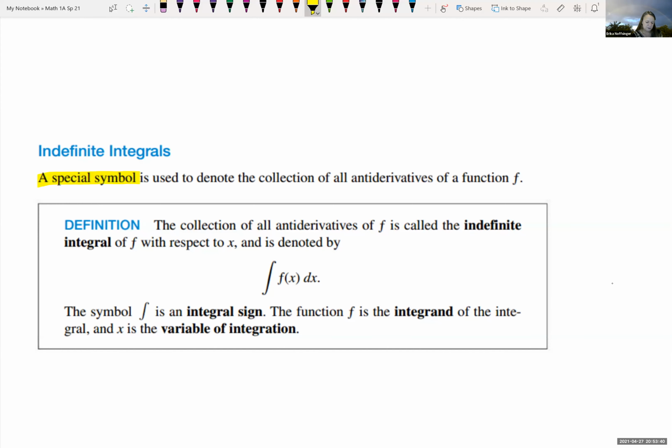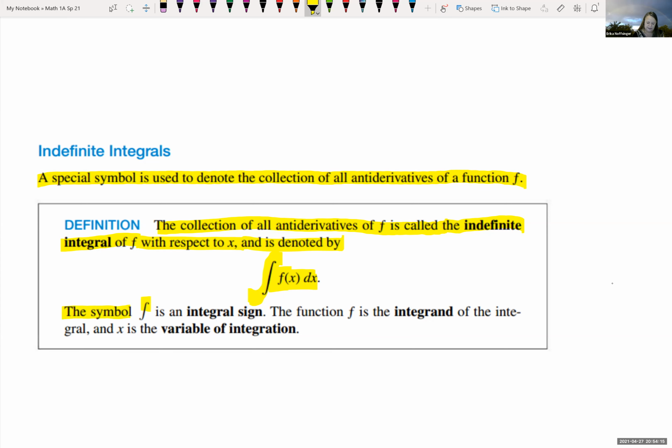The special symbol is used to denote the collection of all antiderivatives of a function f. The collection of all antiderivatives of our function f is called the indefinite integral of f with respect to x, and is denoted with this integration sign, that elongated S, of little f of x dx.